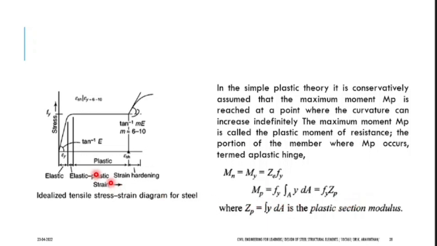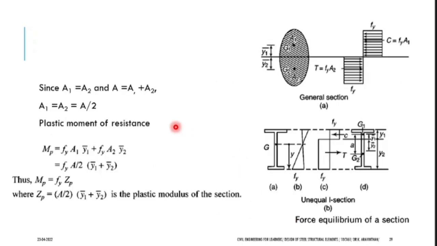The moment which is attained within the elastic stage is called Me, and the moment which is achieved in the plastic stage is called MP, that is plastic moment. How to find Zp? You can find it by this formula, A by 2. What is A? A equals A1 plus A2. What are the areas?